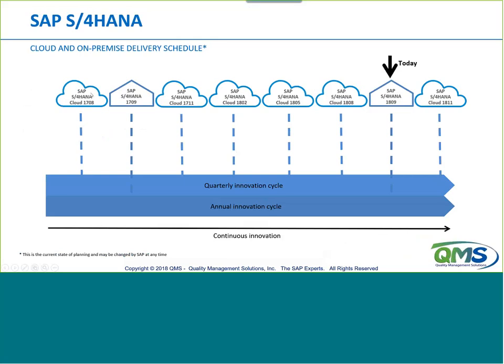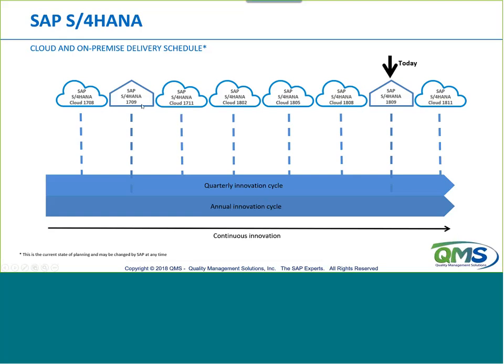You can see in the cloud there was 1708, then it went to 1711, 1802, 1805, 1808, 1811. Broadly, the way you can read this is the first two digits are the year, the next two digits the month. So SAP S/4HANA Cloud 1708 was August of 2017, and then the next quarter was November 2017, et cetera.